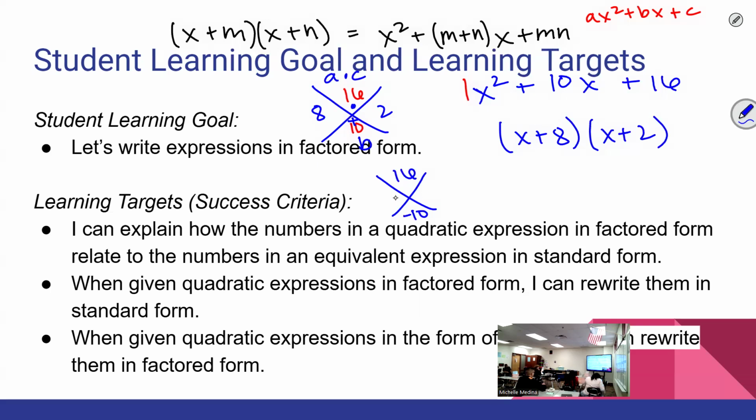How would we adjust the 8 and the 2 to make it work now? Negatives on both, because two negatives multiply to give you a positive, right? And they would add to give you the negative 10. And then for this one, it would be x minus 8 and x minus 2. And that standard form would have been x squared minus 10x plus 16, by the way.